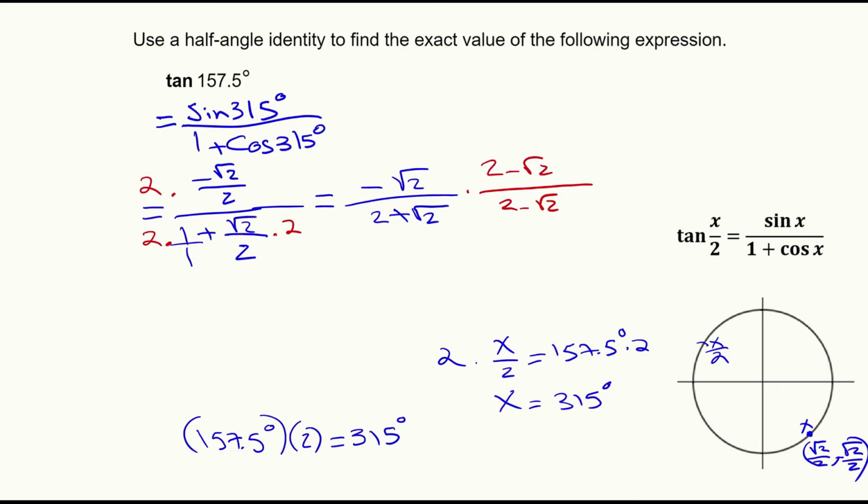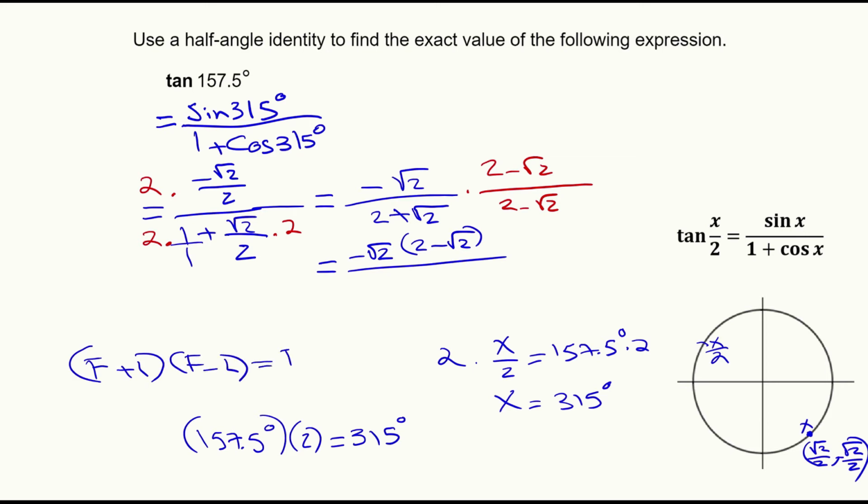And we end up with negative radical 2 times 2 minus radical 2 over, downstairs, of course, we have f plus l times f minus l again, which is f squared minus l squared. So we're going to get 2 squared minus square root of 2 squared.